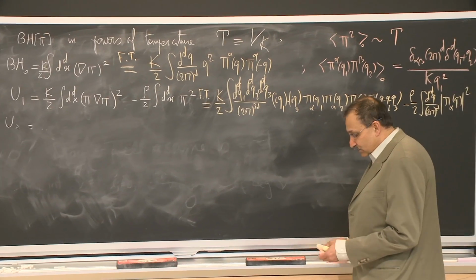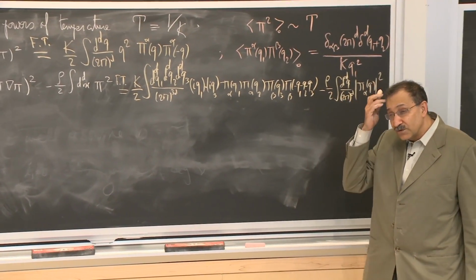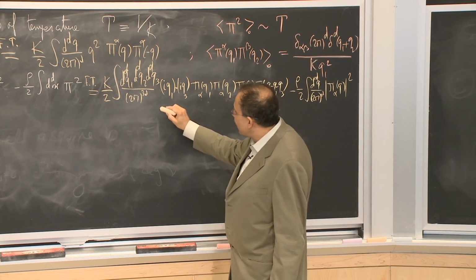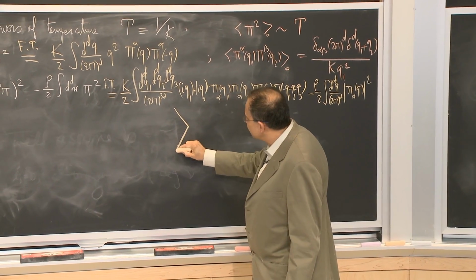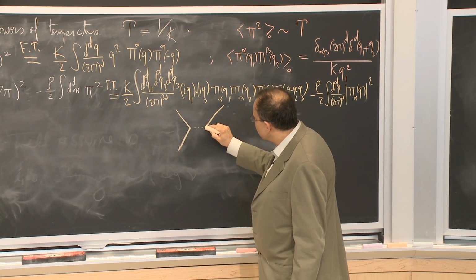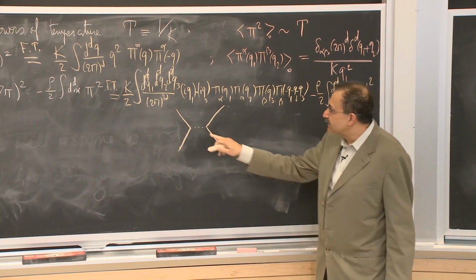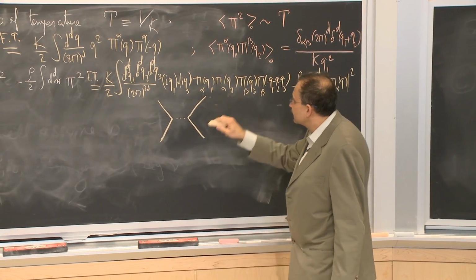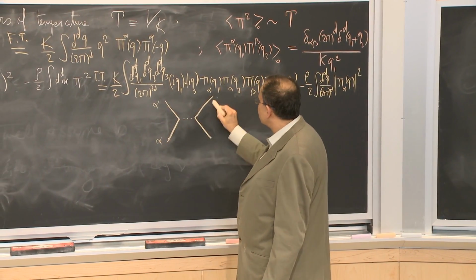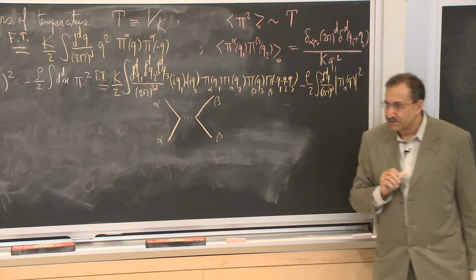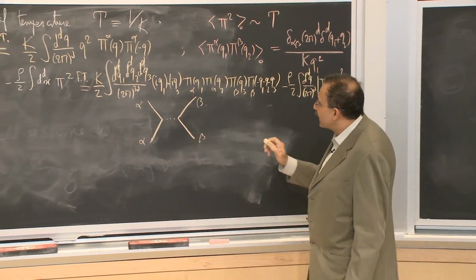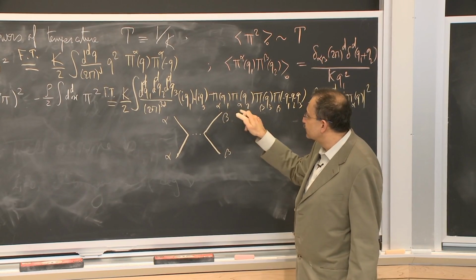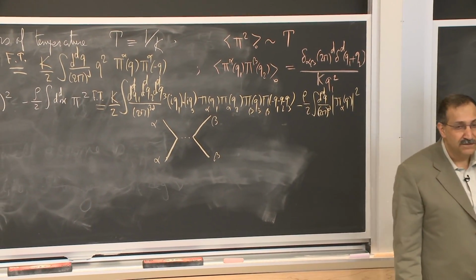So when I was drawing interaction terms for m to the 4th theory for Landau-Ginzburg, and I had something that had 4 interactions, I would draw something that has 2 lines, but the 2 lines had 2 branches. And the branching was supposed to indicate that 2 of them were carrying 1 index and 2 of them were carrying the same index. Now, I have to make sure that I indicate that the branches of these things additionally have these gradients, or the iq's associated with them.